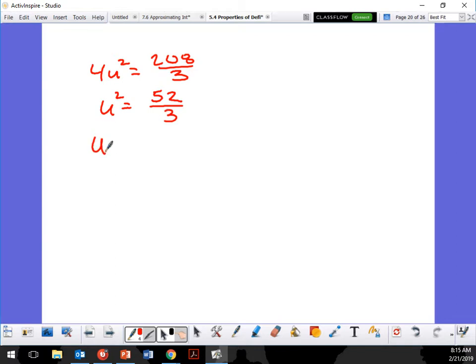And then I get u is equal to the square root of 52 over 3. It's going to be a plus or minus here also. But which one am I going to use? I'm going to use a plus because in my interval, it's the positive, right? It's somewhere between 2 and 6. So now that I plug that in the calculator, this should come out to be about 4 point something.